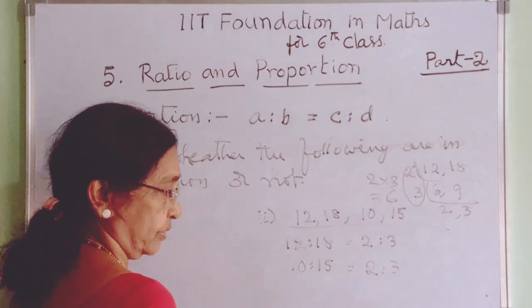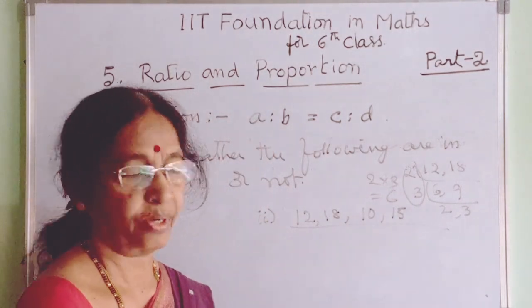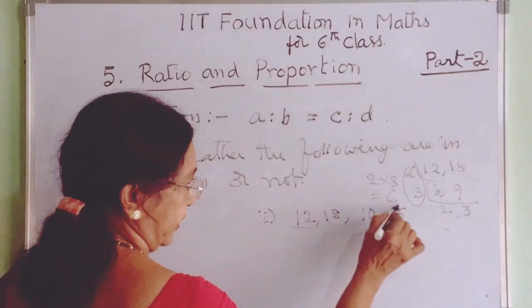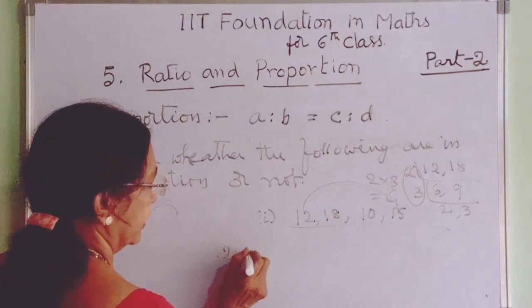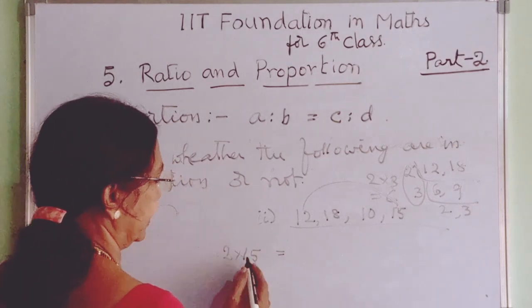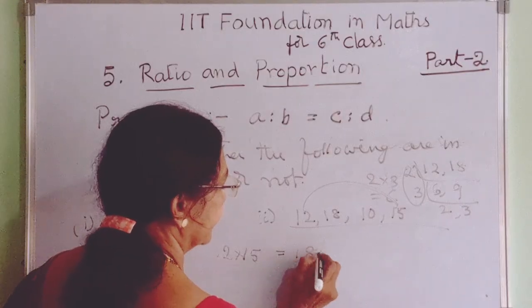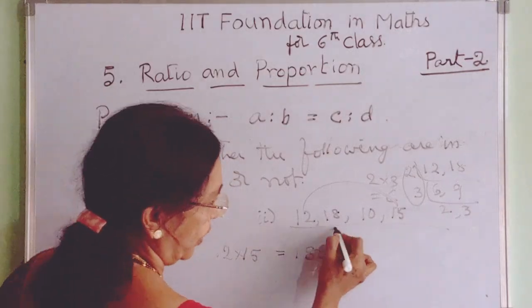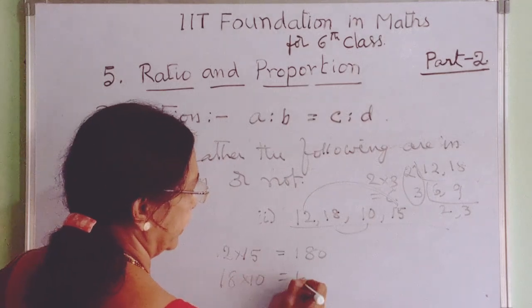We will see according to the second method, the rule of proportion. Product of extremes, 12 into 15. 15 tens are 150, 15 twos are 30. 150 plus 30 is 180. Product of means, 18 into 10, is equal to 180.